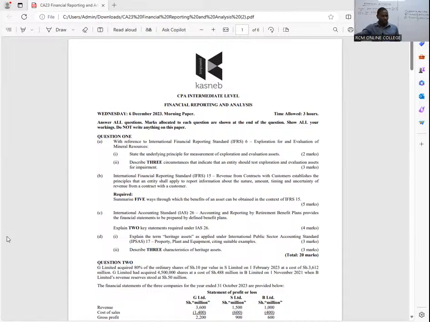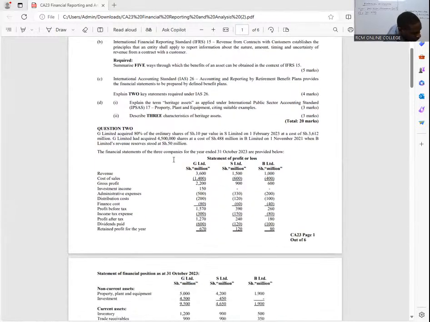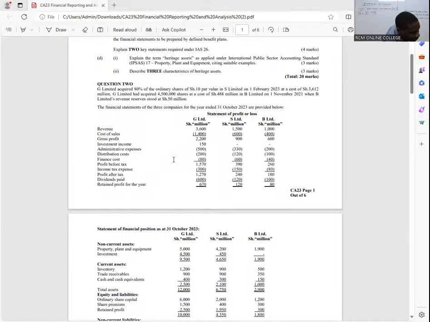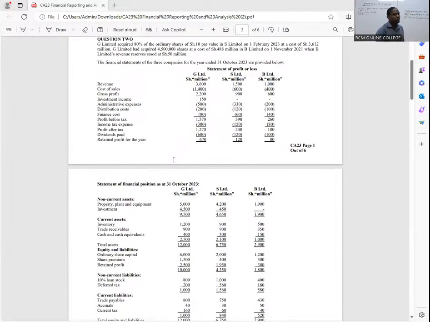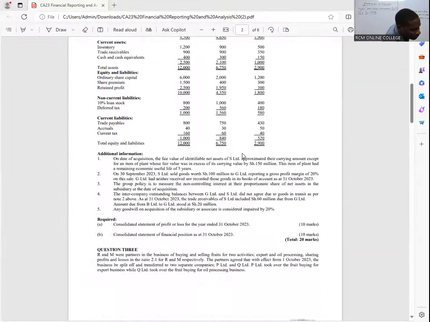Sometimes they take it as question number 5 and replace question number 1 with a mathematical or computation question. Therefore, you need to understand the structure. Look at question number 2. Even without reading, you can tell what it entails: a group consolidation question with 3 companies.